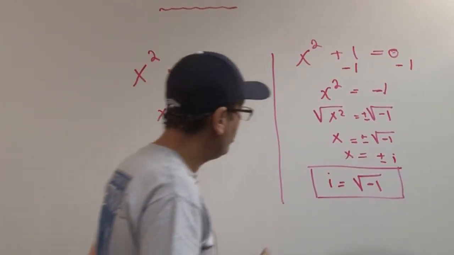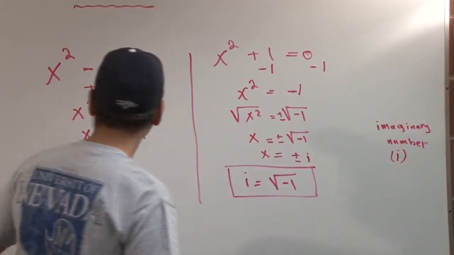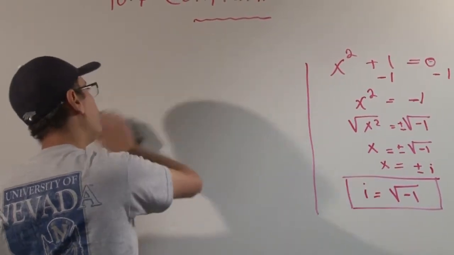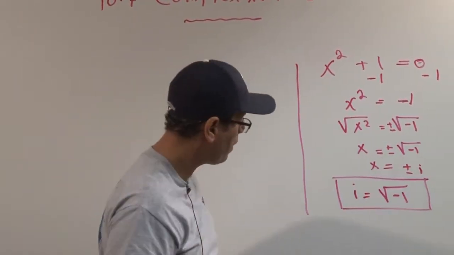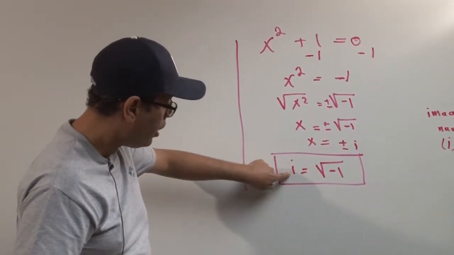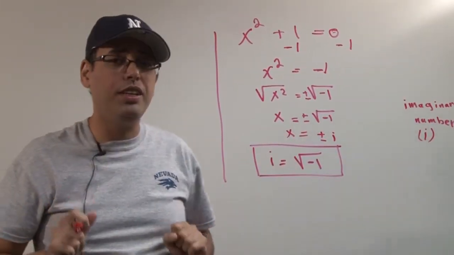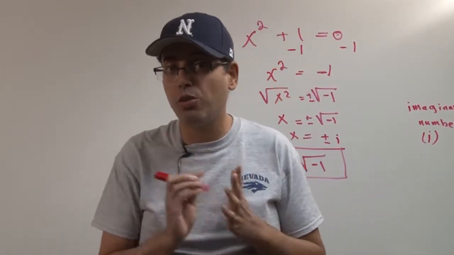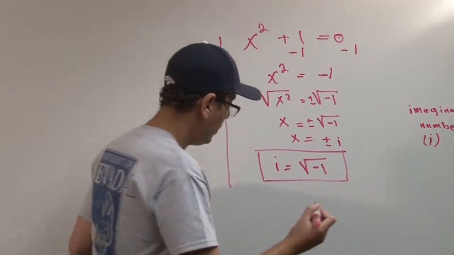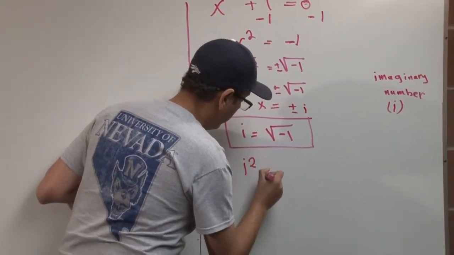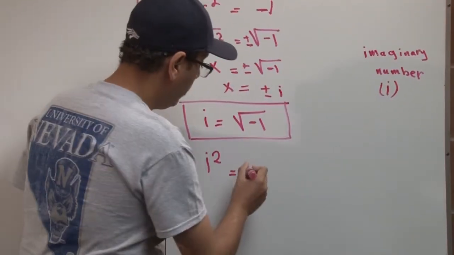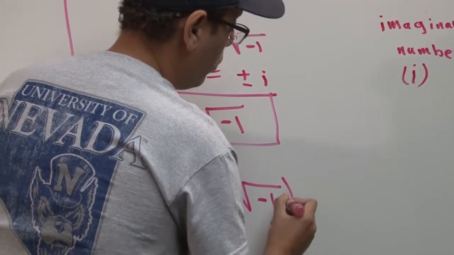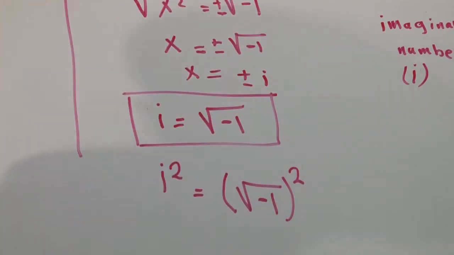Okay, so from this we can go and do some examples. Before going to examples, if i equals the square root of negative 1, what do you think i squared would be? i squared would give me the square root of negative 1 squared.